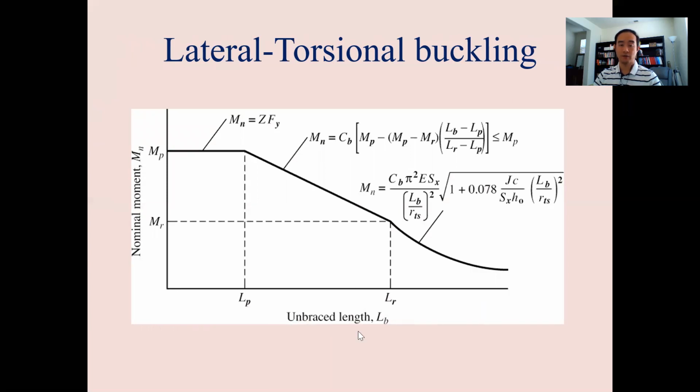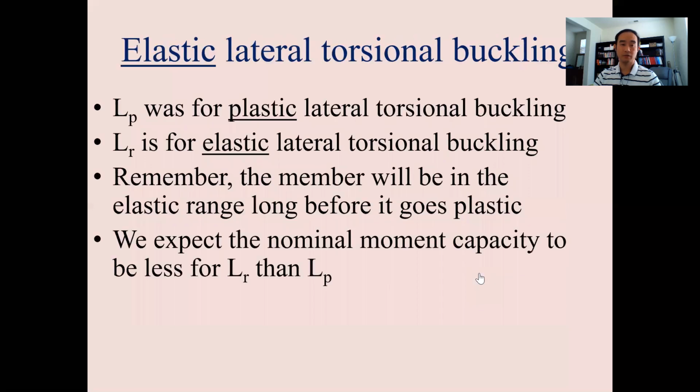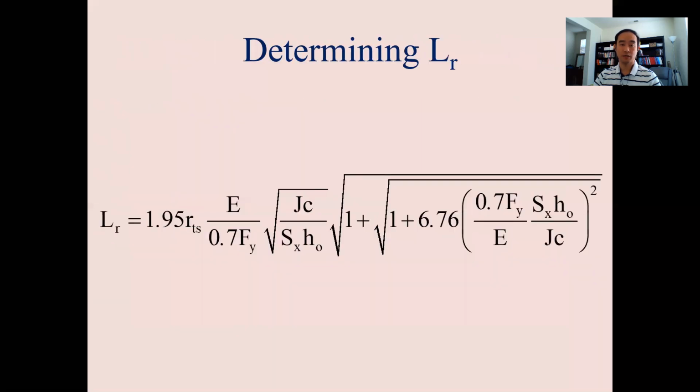If L sub B is larger than L sub R, we are in elastic lateral torsional buckling. The equation for L sub R is really complicated. It looks like this. I just want to introduce it because it is available in the steel manual, but we are not going to use this equation in any calculation.